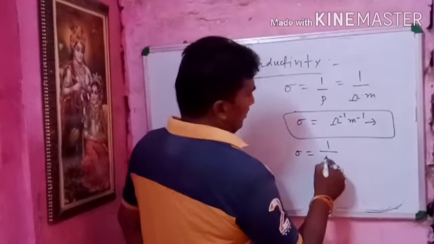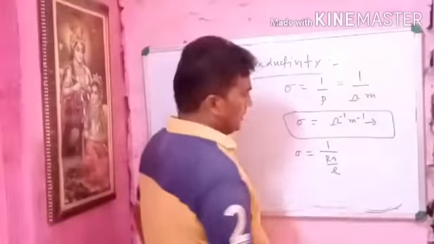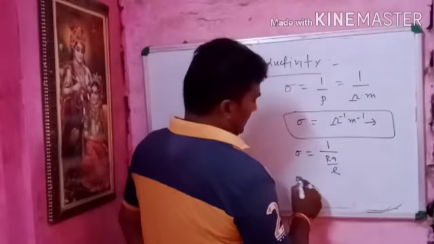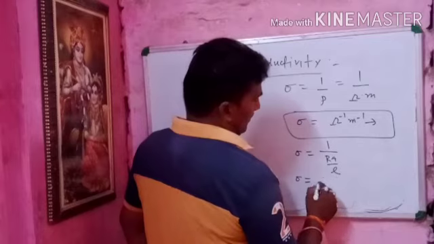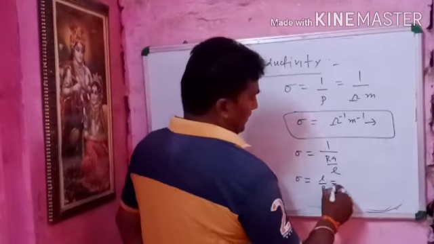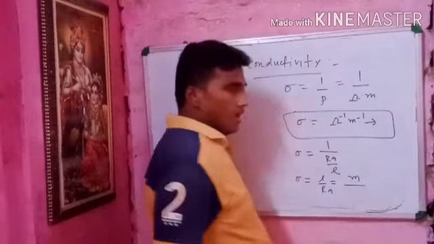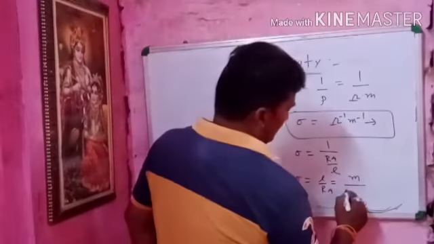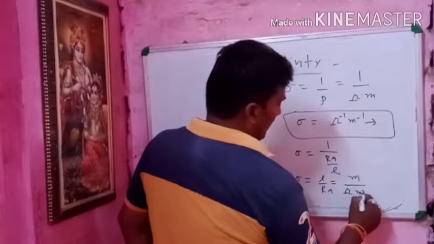Rho is equal to R A by L, and the component changes in the form of L by A. L is length, then the SI unit is meter. R is resistance, ohm, and A is area, meter square.